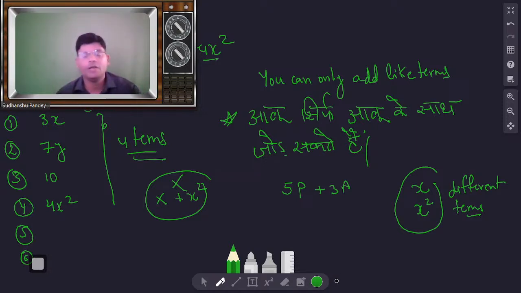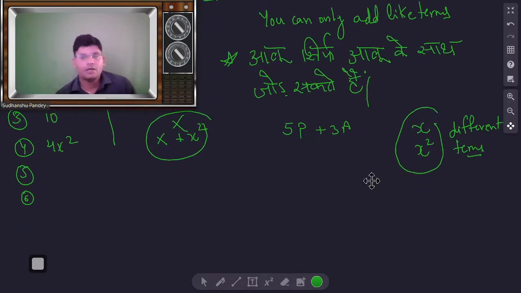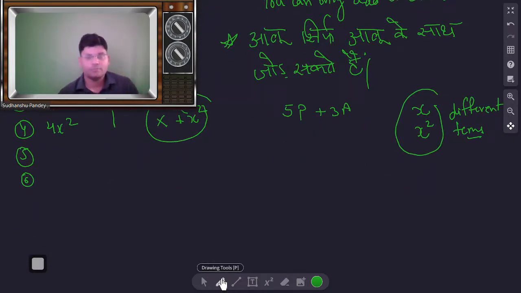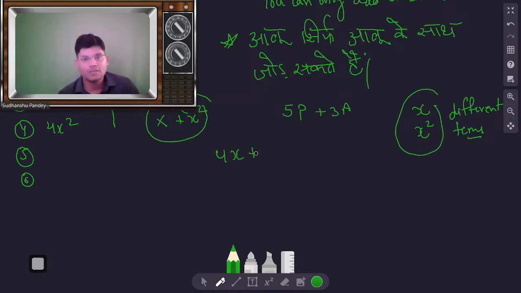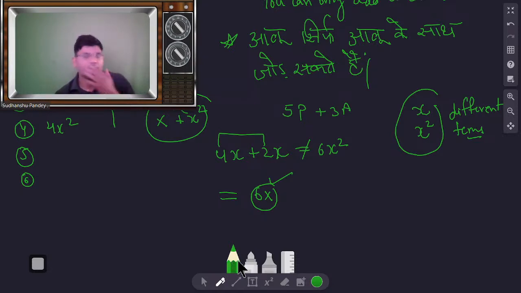And whenever we are going to add anything, addition is only done on the coefficient. Suppose I say 4x plus 2x, they are not going to be 6x square. Only 4 plus 2 is going to be added and it will become 6x. Alright. Yes, sir. Got it. So only the coefficient is being added.